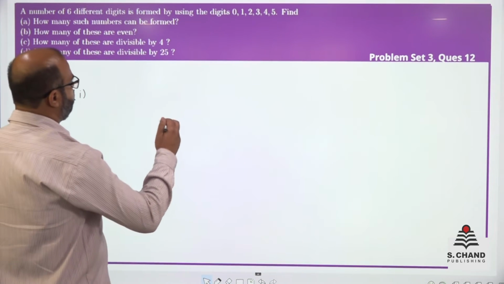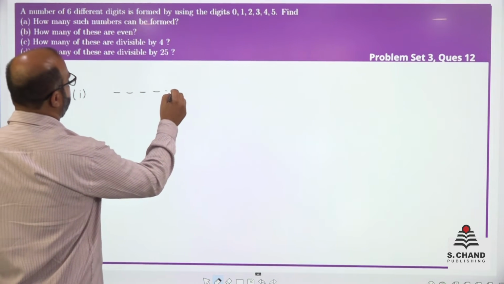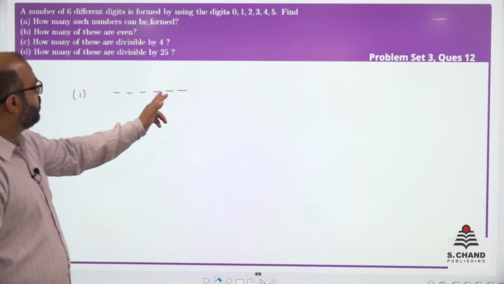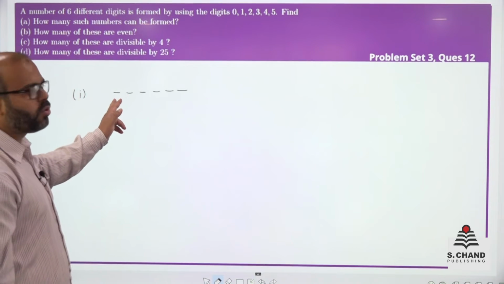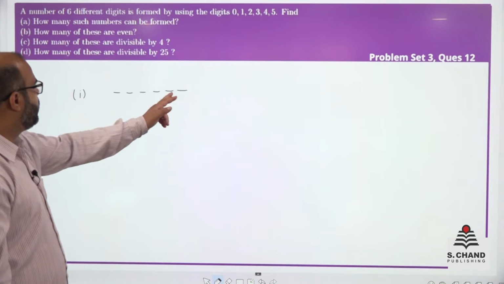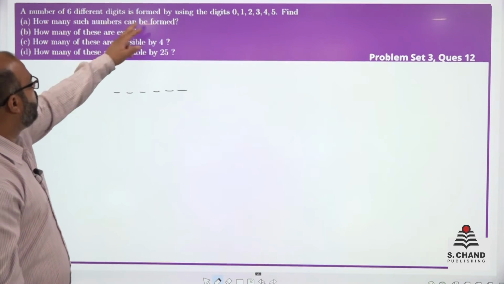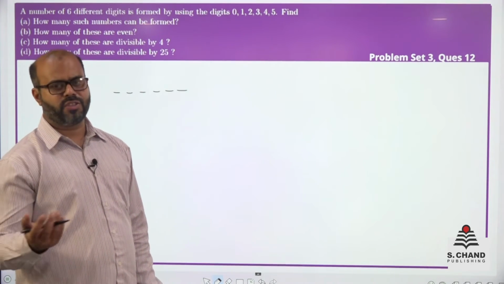First of all, there are 6 places, and one thing to be clear is that in the lakh place, or 100,000th place, 0 cannot be placed, because in that case it won't be a 6-digit number, it will be a 5-digit number.